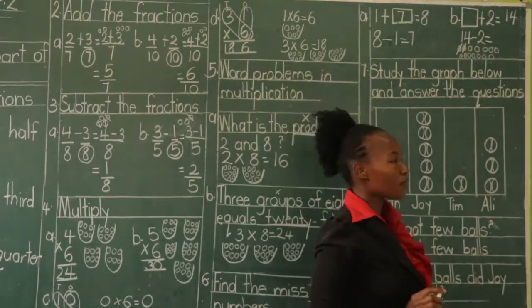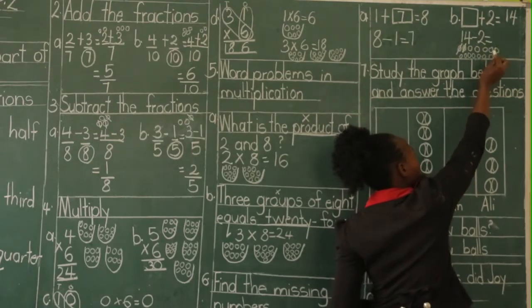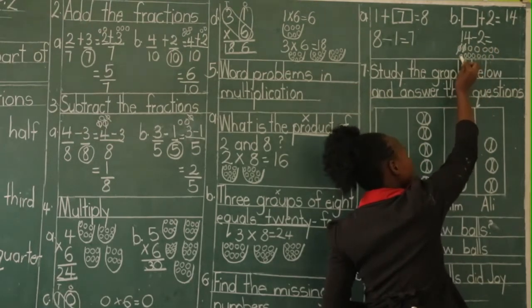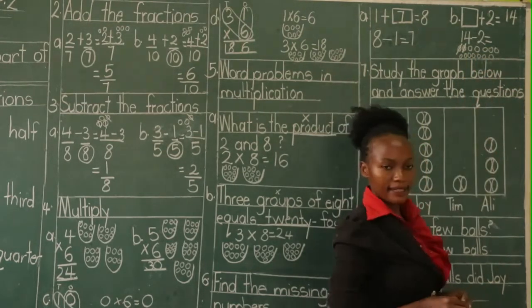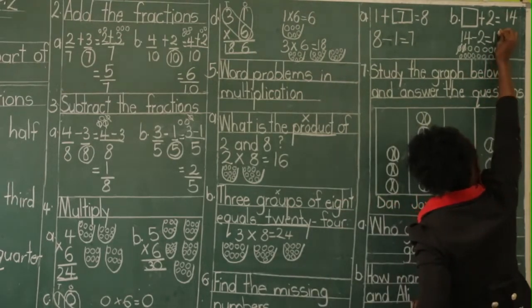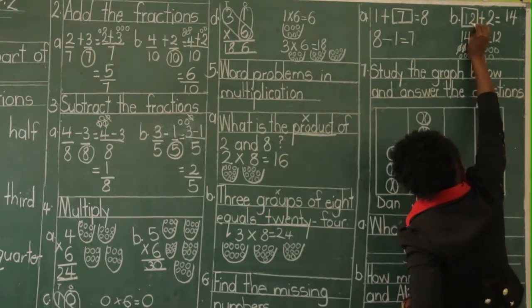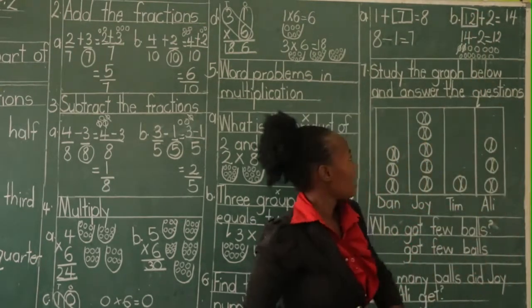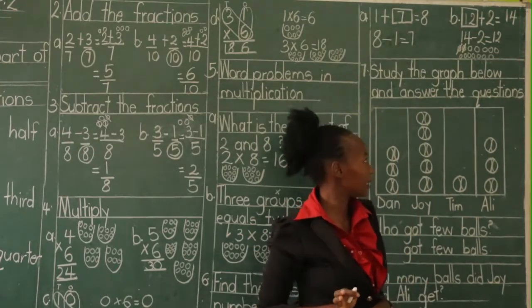Then let's count the remainders. 1, 2, 3, 4, 5, 6, 7, 8, 9, 10, 11, 12. Our answer is going to be 12. Then I put it in a box. Now if you get 12 straws and you add 2, our answer is going to be 14.